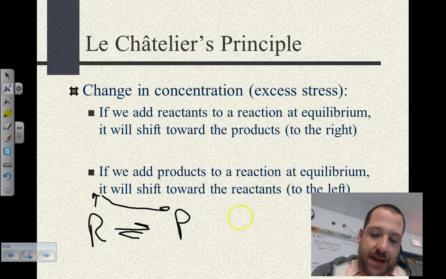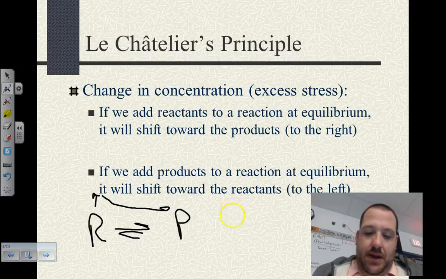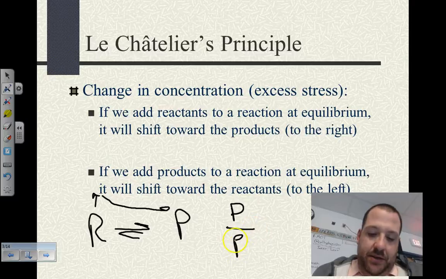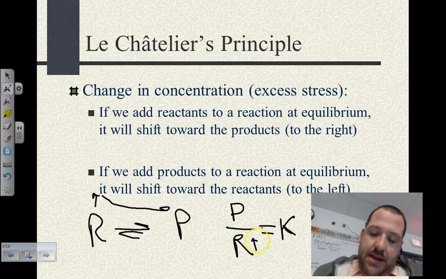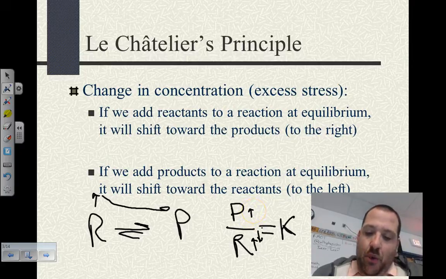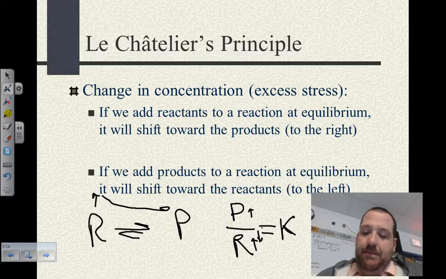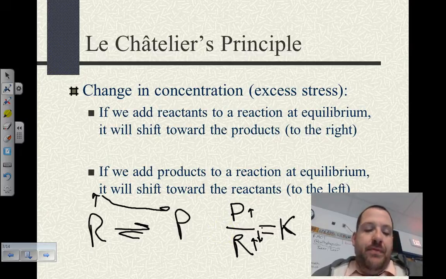Or, if you prefer a mathematical approach, the equilibrium constant is products over reactants, and that equals K. If we increase reactants, in order for this to go back to equilibrium, the amount of reactants is going to go down a little bit, and the amount of products is going to go up a little bit, so that the ratio is back to the equilibrium value.